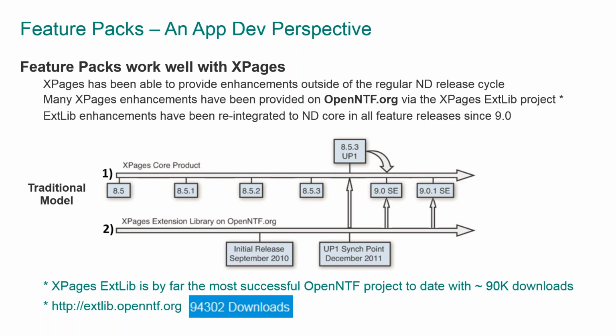And from that point onwards in our model, we continuously developed and released what we could on OpenNTF, and we would sync those back into the Notes Domino major releases. So 9.0 and 9.0.1 would have gotten everything that was current on the OpenNTF XPages Extension Library at the time, plus whatever was in the XPages core product pipeline on top.